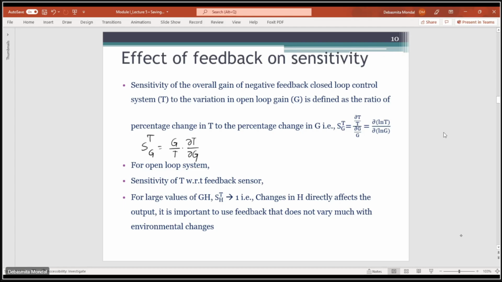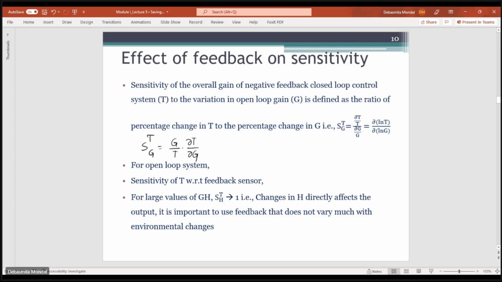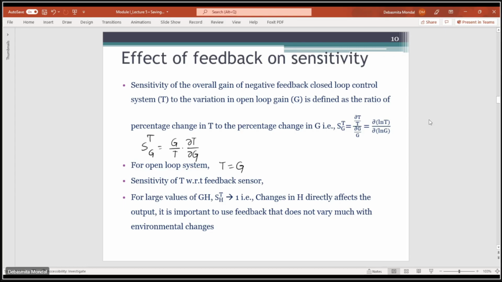Now let's take an example. You have an open loop system. In an open loop system, T will be equal to G because there is no feedback, so the overall gain will be equal to the open loop gain only. Then S of T with respect to G will be equal to delta T by delta G into G by T, which means this will be equal to 1.